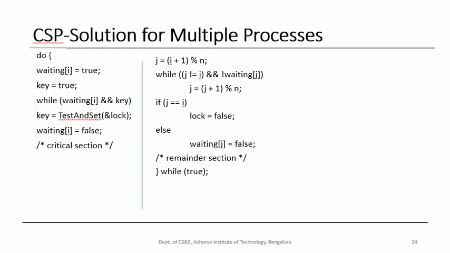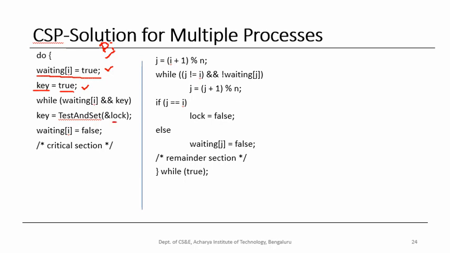Now, any process which is willing to enter into the critical section, let us say process Pi, which is trying to enter into the critical section, makes waiting[i] equal to true. And this key is a local variable. It also makes key equal to true.